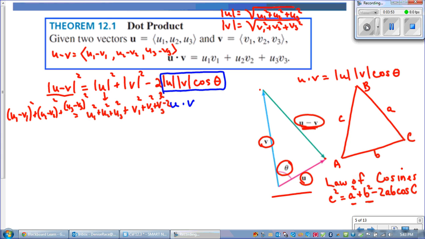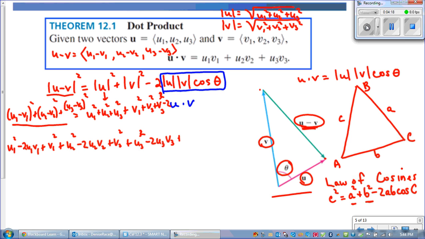So now expanding the left side here, we get u1 squared minus 2 u1 v1 plus v1 squared plus u2 squared minus 2 u2 v2 plus v2 squared plus u3 squared minus 2 u3 v3 plus v3 squared equal to u1 squared plus u2 squared plus u3 squared plus v1 squared plus v2 squared plus v3 squared minus 2 times u dot v.